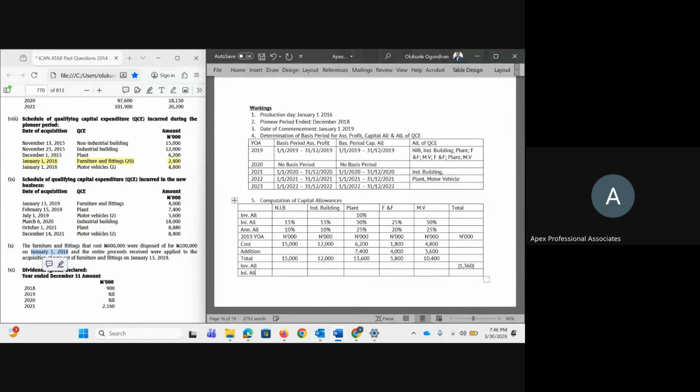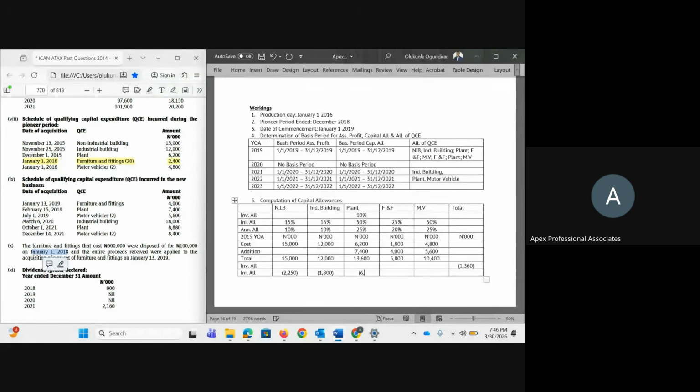So initial allowance. What's 15% of 15,000? 2,250. 10% of 12,000 is 1,800. 15% of 13,600 is 6,800?